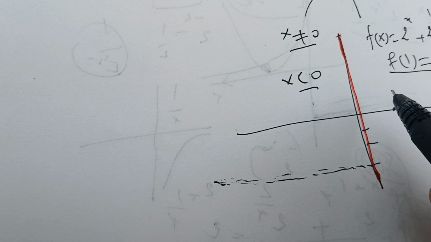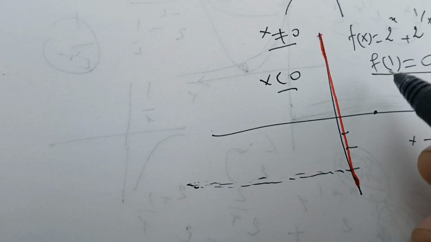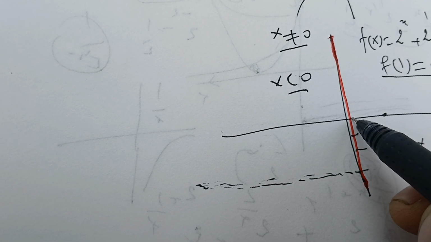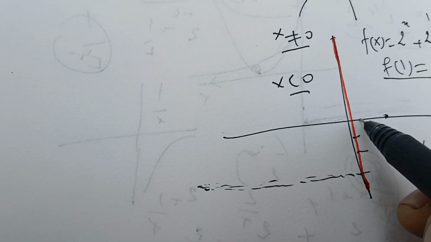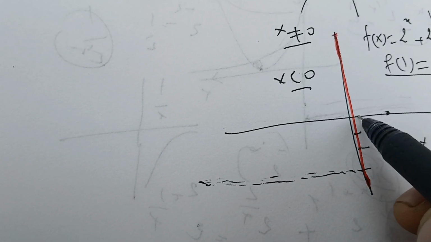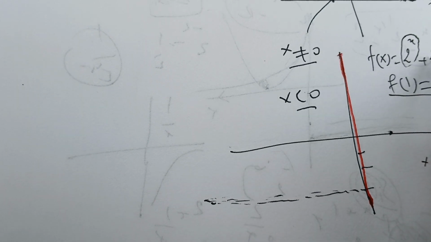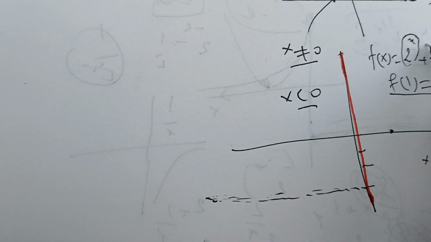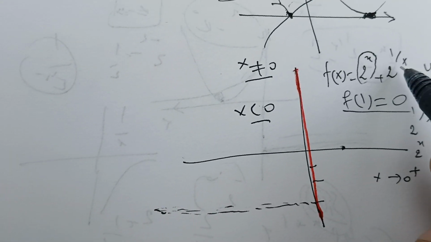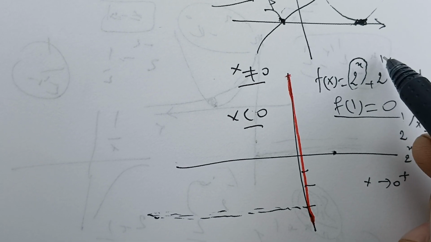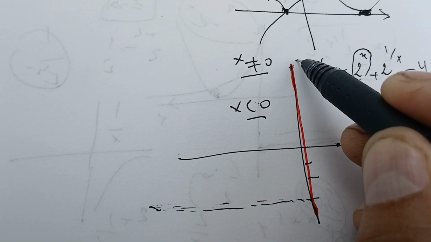But when we check the limit as x goes to 0 from the right, that means we come closer to the y-axis from the right, we see that 2 to the power x is 1, and 2 to the power 1 over x goes to infinity. That means the graph goes up like this.